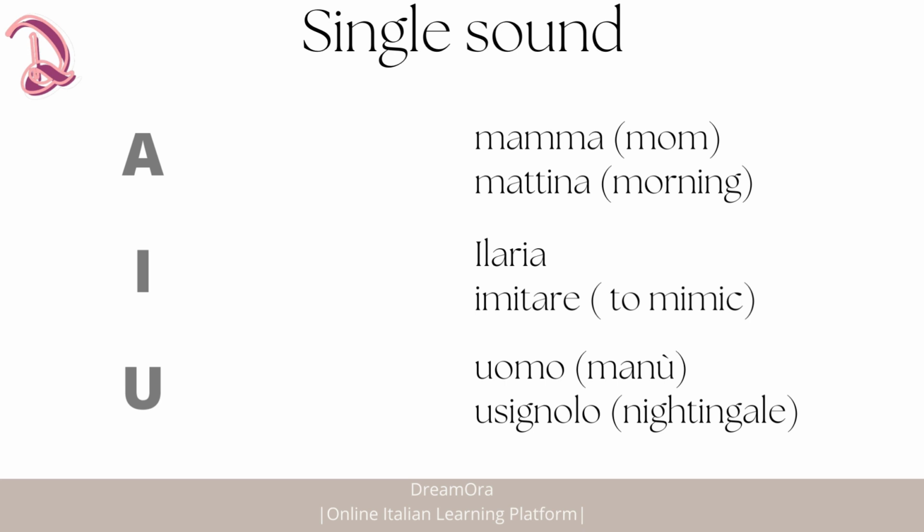So for uomo, you hear more of a wa sound, and this is just because we have the o following the u. But if you have to say it more slowly, it would be uomo. So altogether it would be uomo. Perfect.